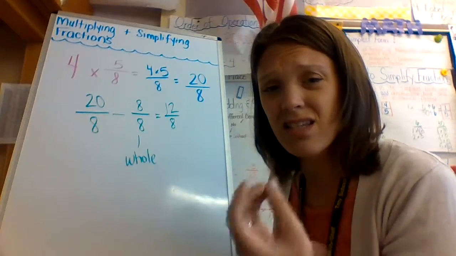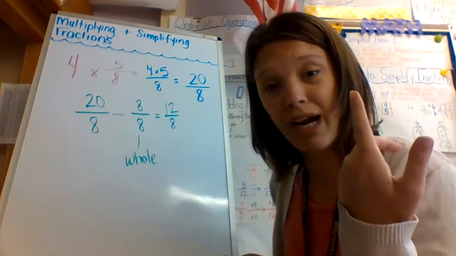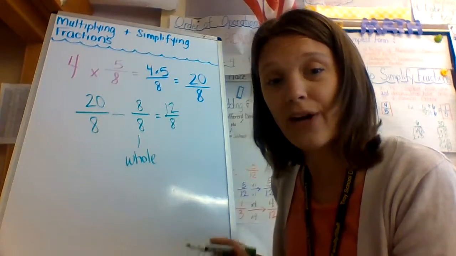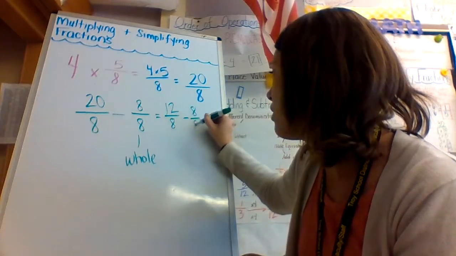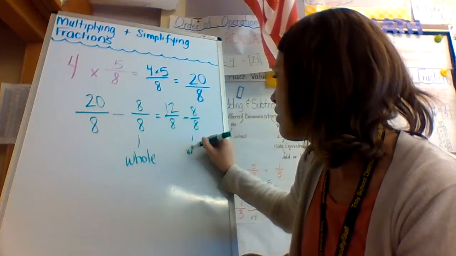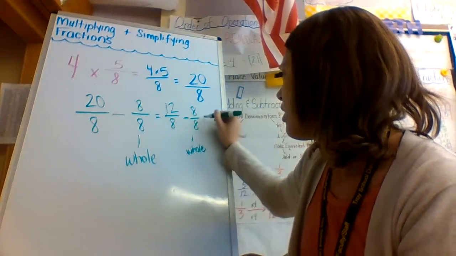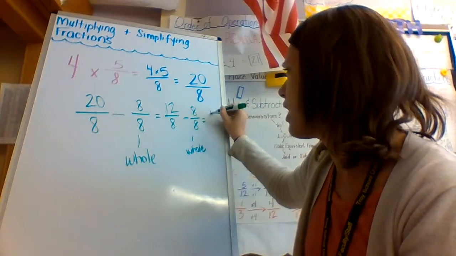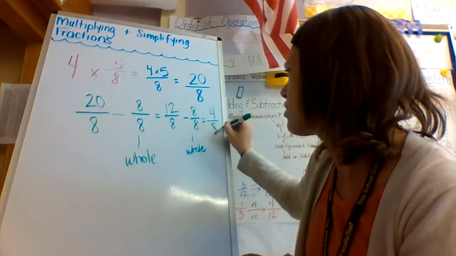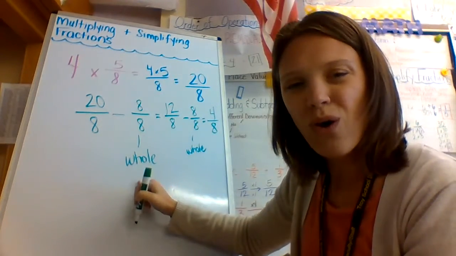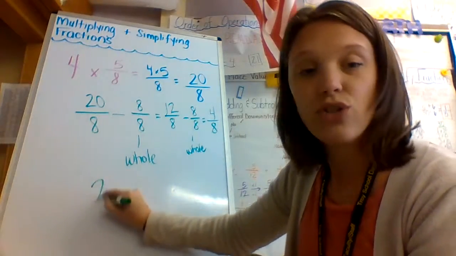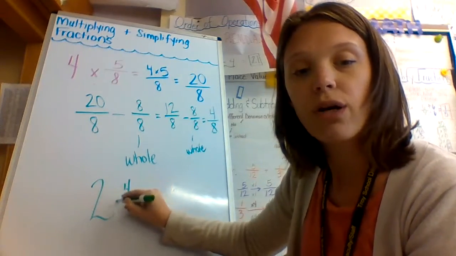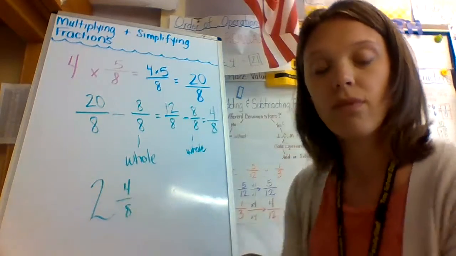But 12/8 is still improper because the numerator is greater than the denominator. So again, I'm going to subtract another whole. I know that 12 minus 8 is 4, and my denominator will stay the same. So 1 whole plus 1 whole plus 4/8 is 2 and 4/8.